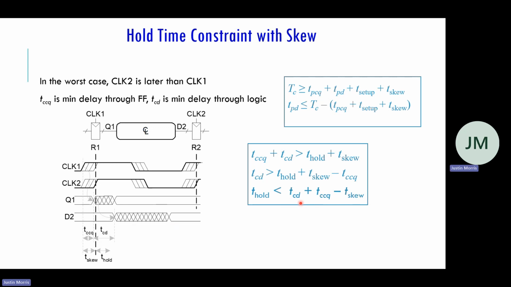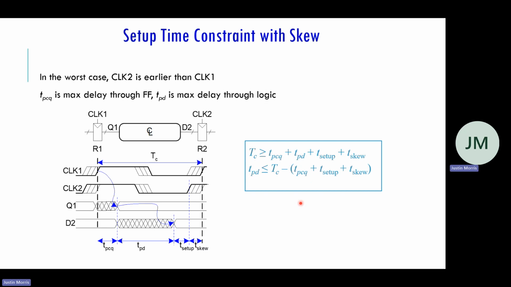Basically added at the beginning, then before we get to the whole time, subtract it to make sure it's equal. No, see? These are two different equations, right? So this one, the problem is if the clock is early. So if it's early, that means I have less time to propagate my signal through.